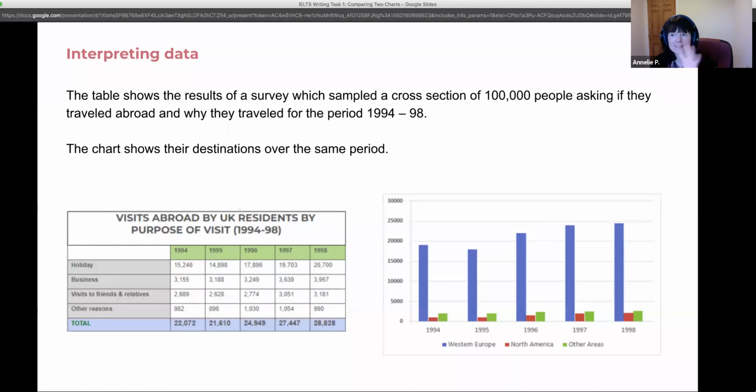So the topics are different, okay? So that means that you deal with each of them separately. That's the most important thing to start with. You're not comparing across the 2 charts. You are looking at one and then you are looking at the other, okay?